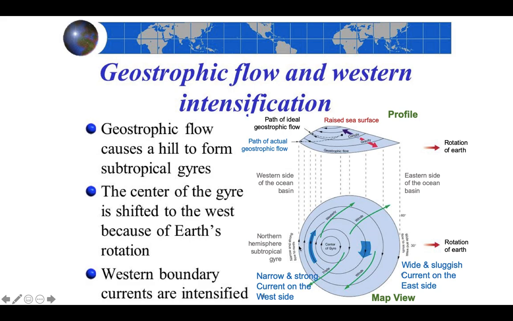So there is a compression on the west side in that geostrophic flow, and as a result we have very narrow and very strong currents on the west side of the subtropical gyres. But on the east side, the eastern part of the geostrophic flow in the subtropical gyre system has a much wider cross section and is very sluggish and slow.